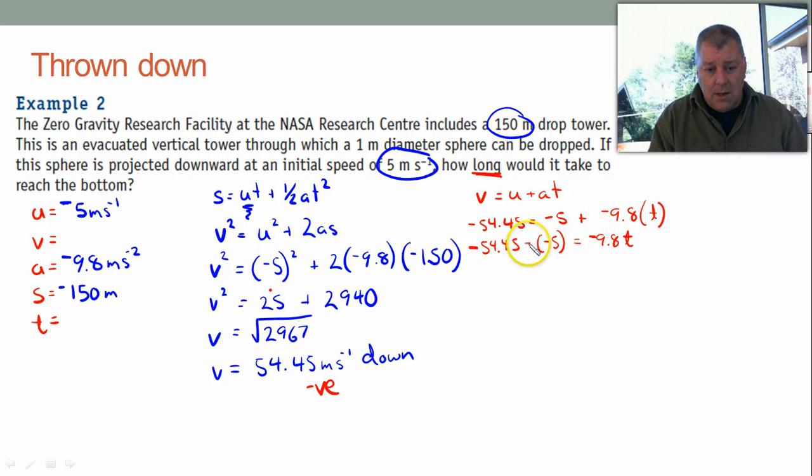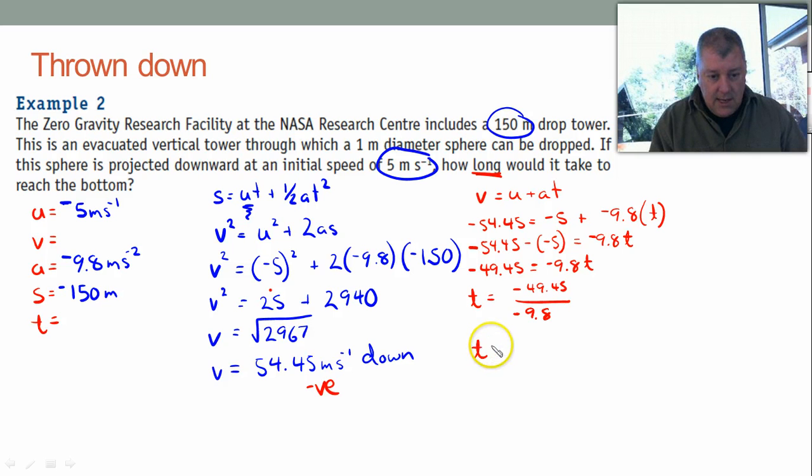Now because it's a minus, that's the same as adding, and so we end up with minus 49.45. Good idea to do that in your calculator. Equals minus 9.8 t. Therefore, we can say that t equals minus 49.45 divided by minus 9.8. t is equal to 5.04 seconds.